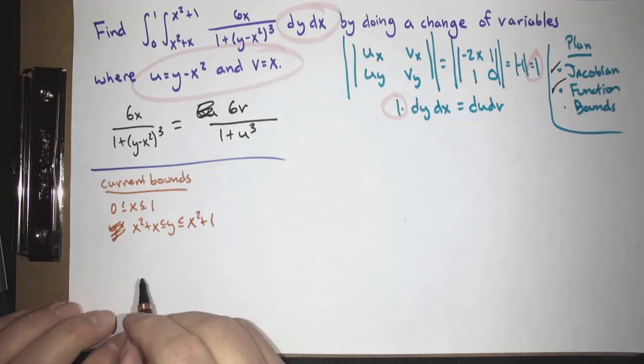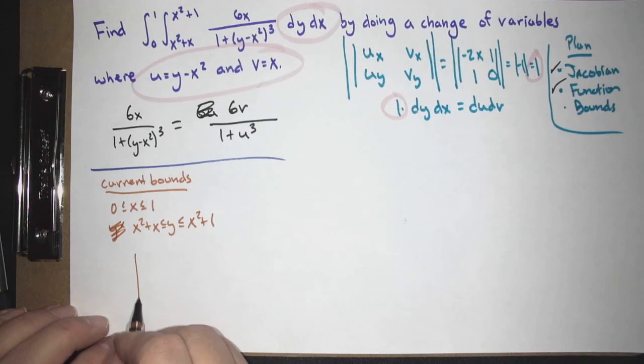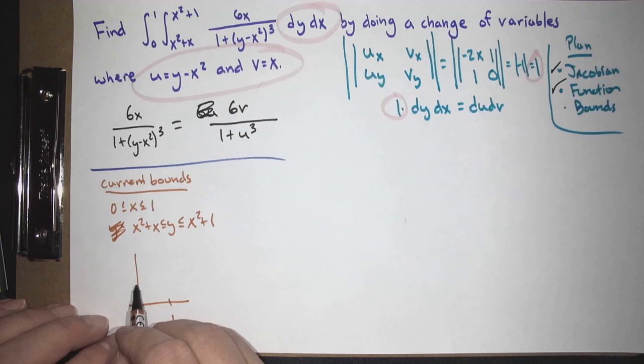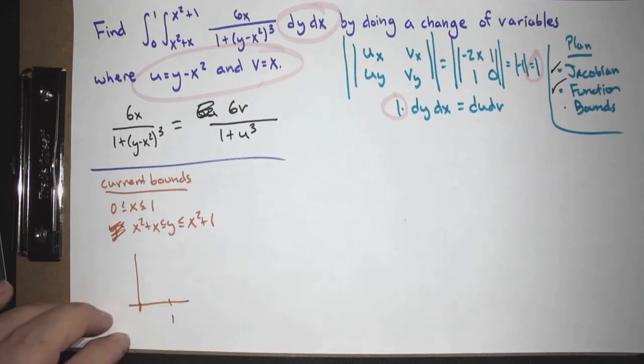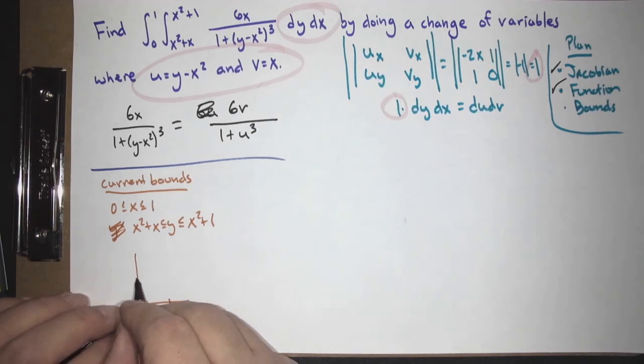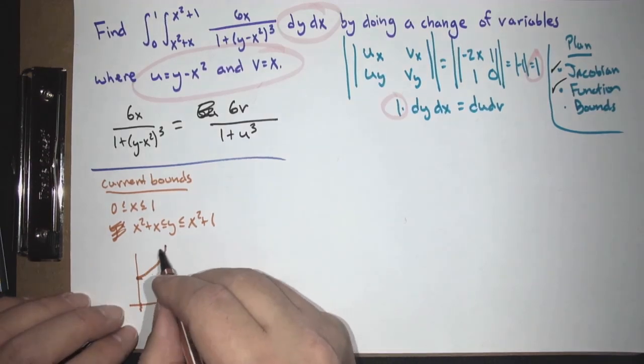Normally we'd give you a picture, so I'm just going to give you a picture here. Here's 1. X squared plus 1, I think you can probably sketch that one. What does x squared plus 1 look like? It's a parabola. What have you done to it? You moved it up 1. So here's x squared plus 1.